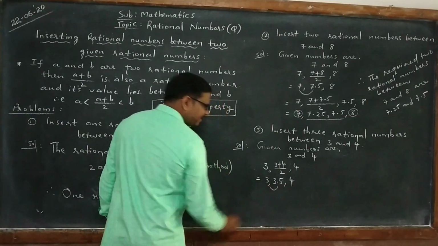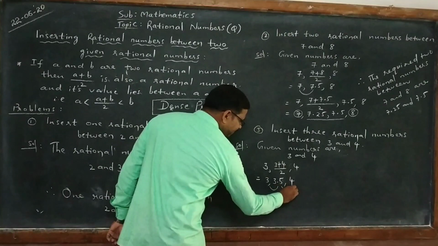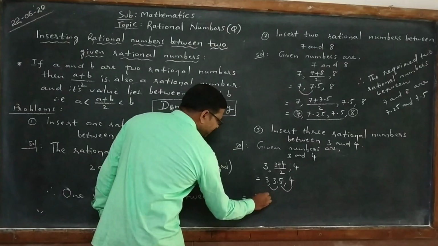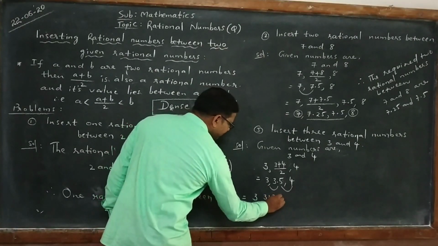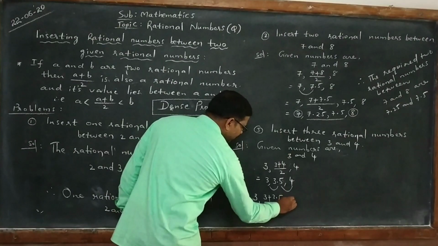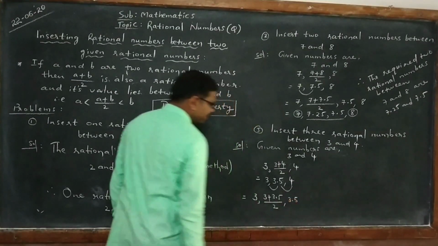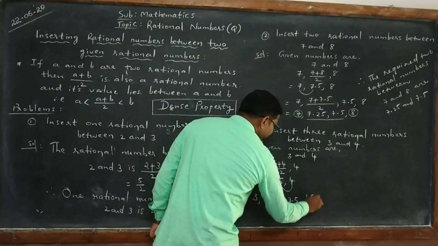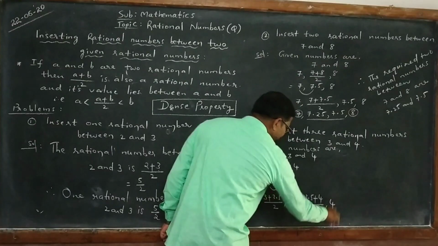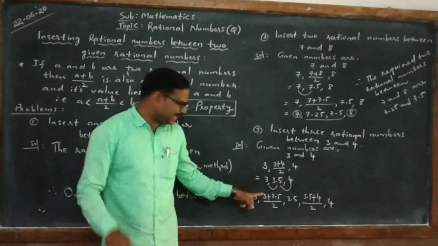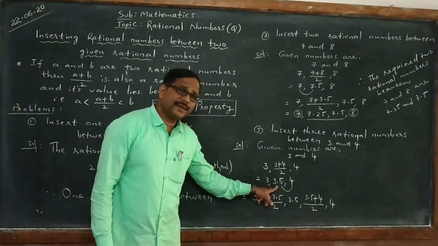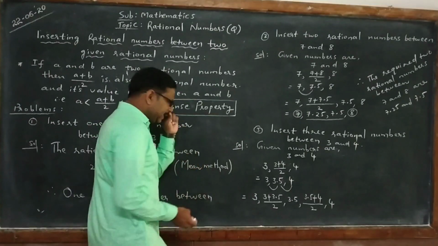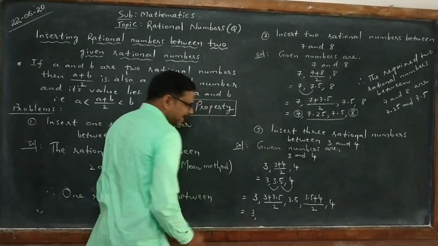Between 3 and 3.5 I will find one, and between 3.5 and 4 I will find one. So between 3 and 3.5 I take (3 plus 3.5) by 2, and between 3.5 and 4 I take (3.5 plus 4) by 2. Anywhere you can do it, no problem, because answers will be different.